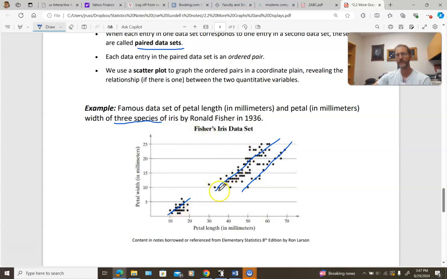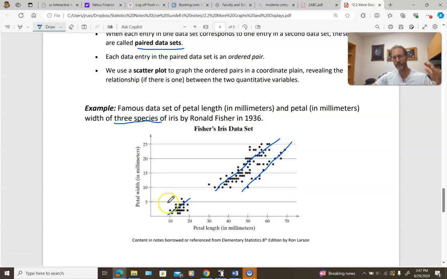By looking at this, these lines are going uphill, and all these data points seem to cluster around these lines. So that tells me that as the petal length increases, the width is increasing as well.